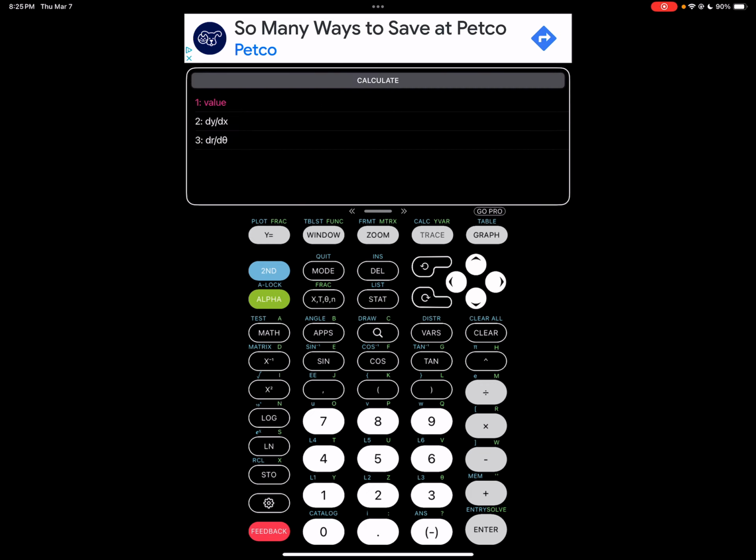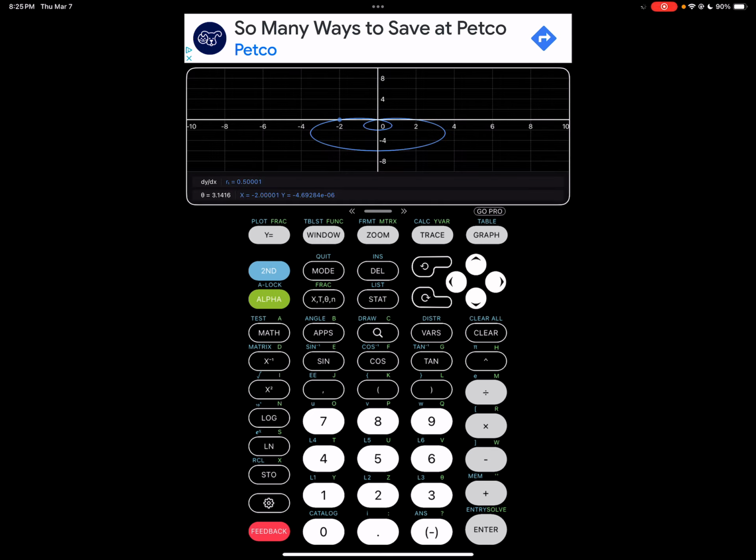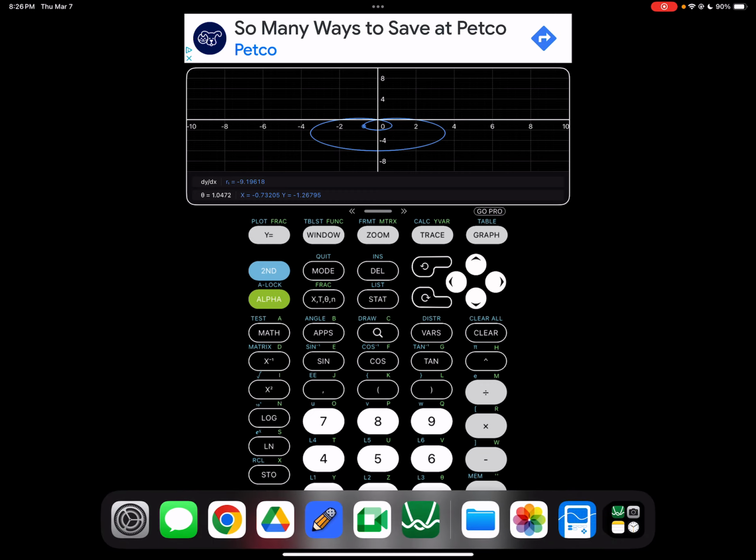I'm going to do second calc, and I want to figure out dy dx at the value of pi over 3. Which gives us that. So at pi over 3, that's going to give us negative 9.9618. So that is going to be my derivative at pi over 3.